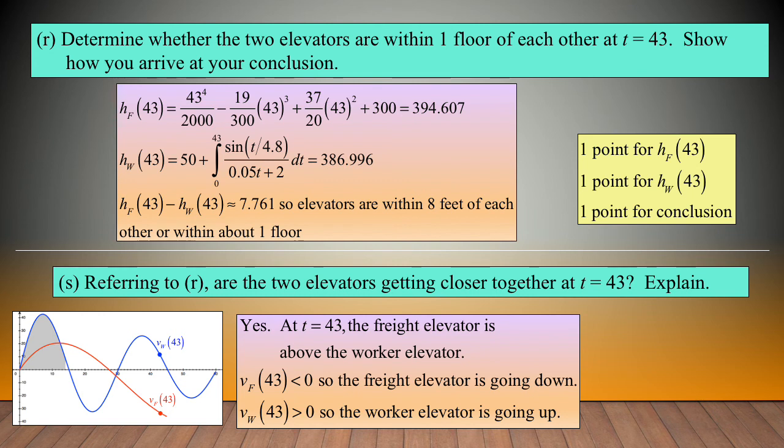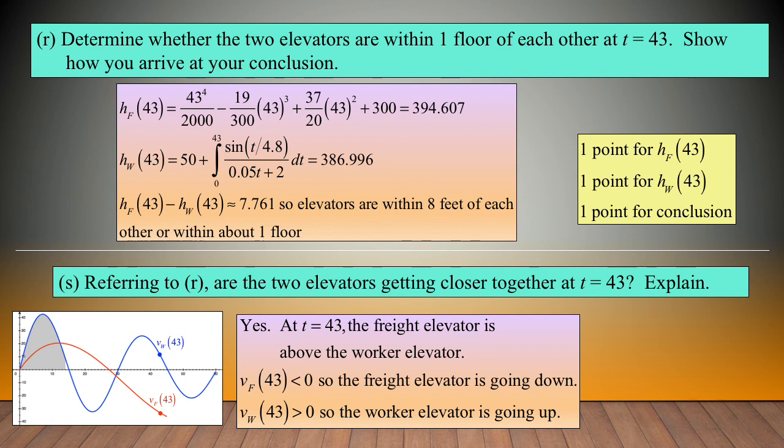But the worker elevator, VW of 43, is greater than 0, as shown by the graph in blue. So the worker elevator is going up, and therefore the two elevators are getting closer together. A good question is whether the two elevators actually get to the exact same height.